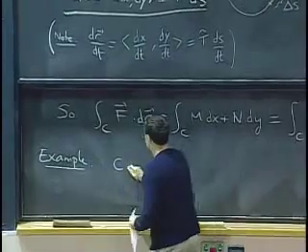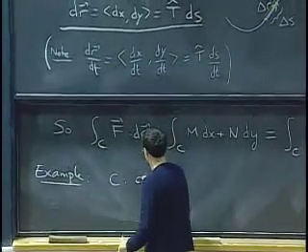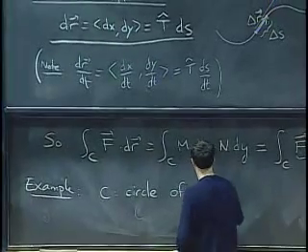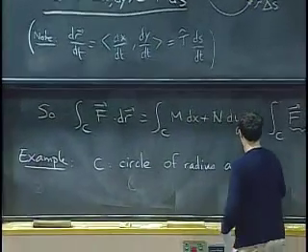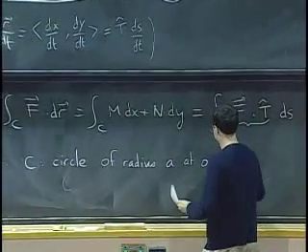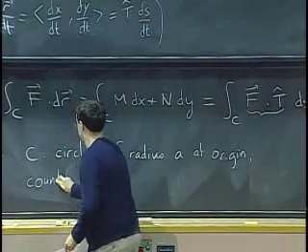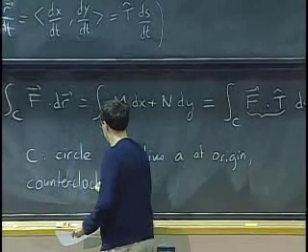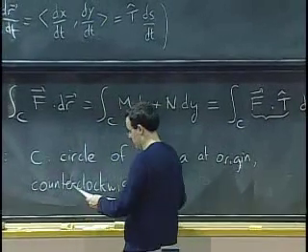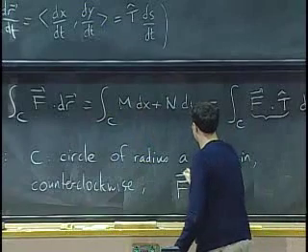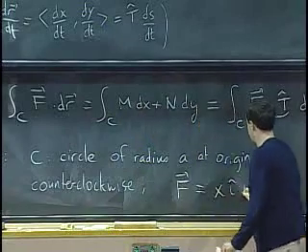But let's say my trajectory is just a circle of radius a centered at the origin. Let's say I'm doing that counterclockwise. And let's say that my vector field is xi plus yj.